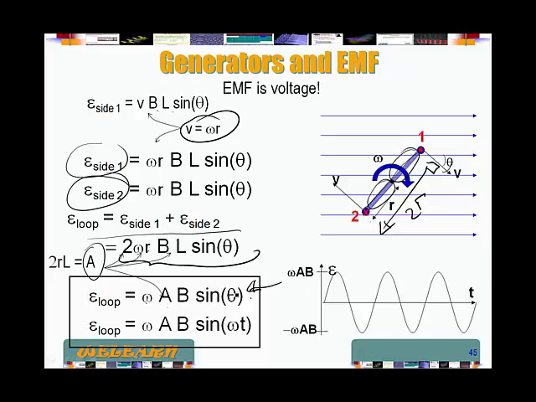So we can just write that angle as omega times t. So my expression becomes omega AB sine of omega t. And that's a sine function that's going to look like this. And that's the EMF generated when we rotate a conducting loop in a region of constant magnetic field.